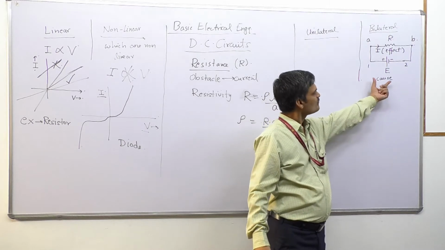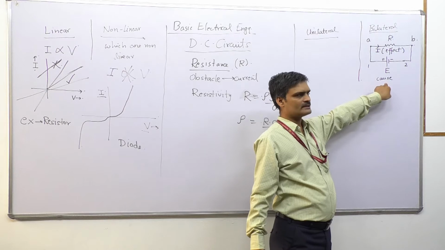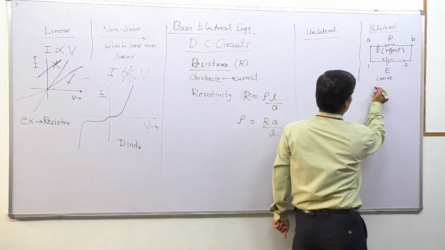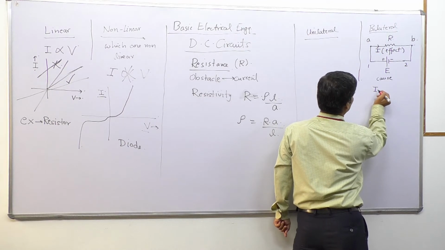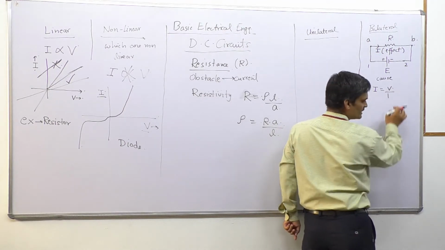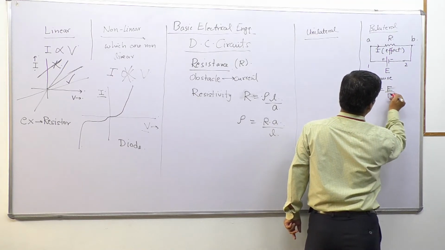So this E causes a flow of current I through resistance R, and its value is given as I equal to E by R.